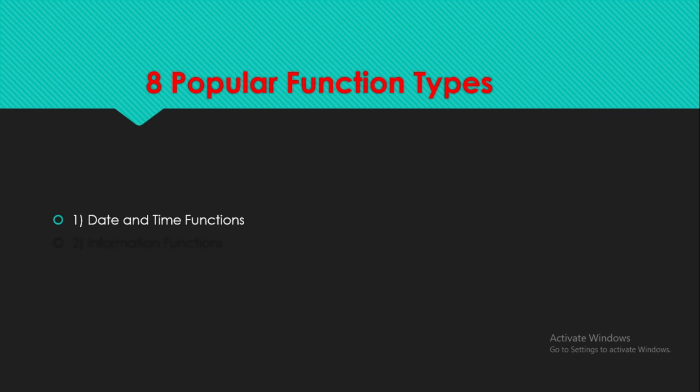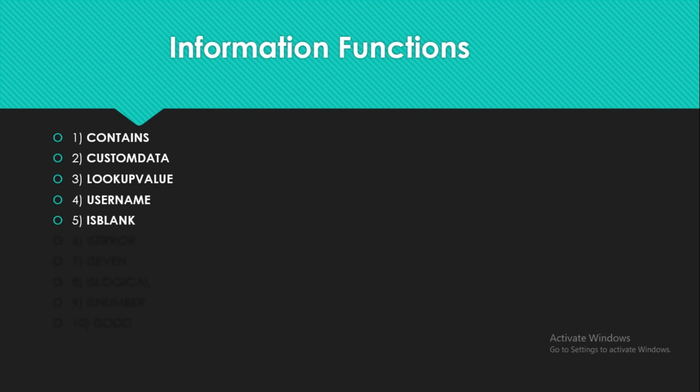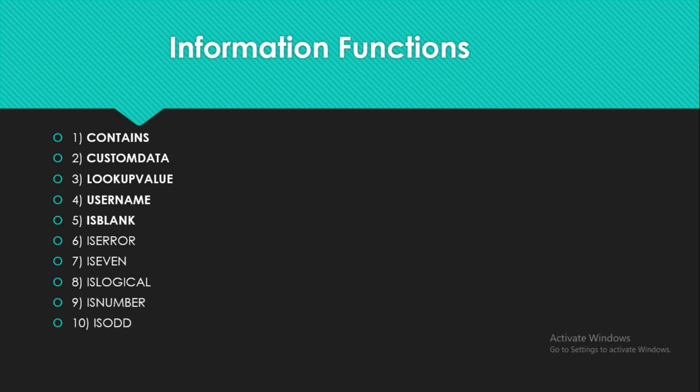Now the second function type is information functions, which give you complete information about the data available in your data set. There are almost 10 different functions here: CONTAINS, CUSTOMDATA, LOOKUPVALUE, USERNAME, ISBLANK, ISERROR, ISEVEN, ISLOGICAL, ISNUMBER, ISODD, and more.